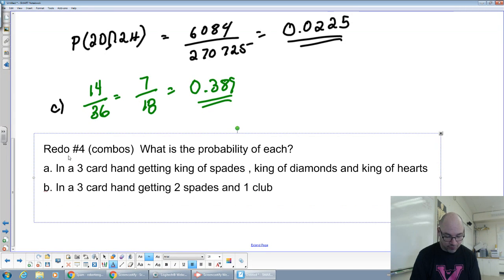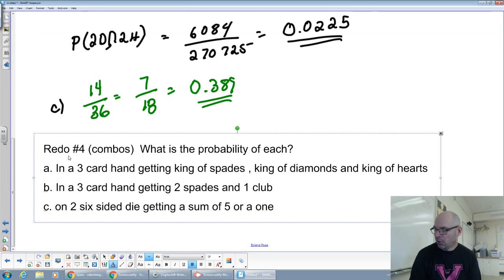And C, on a 6-sided die, getting a sum of 5 or an odd number, an odd-numbered sum. Careful when you're circling that you don't count the overlapping ones twice.